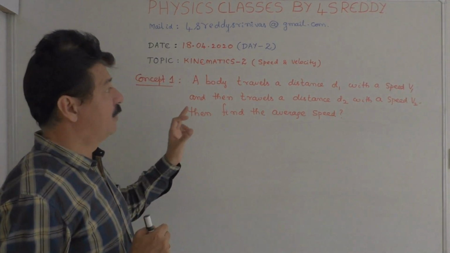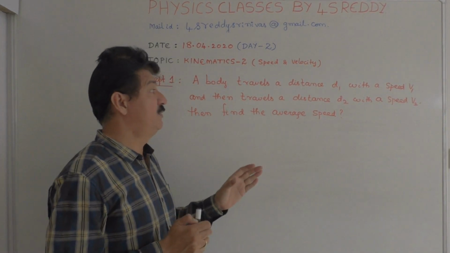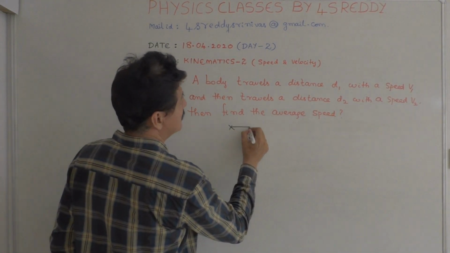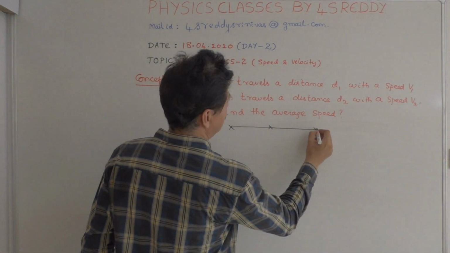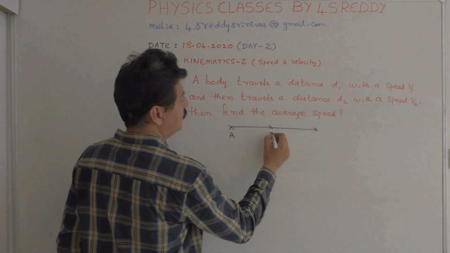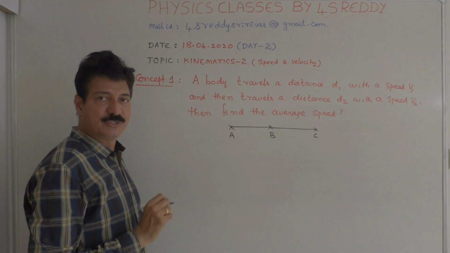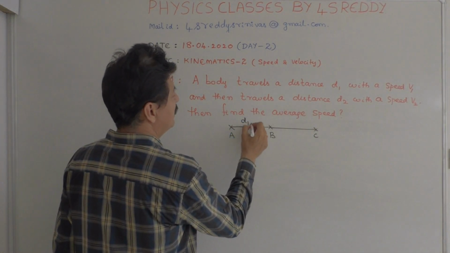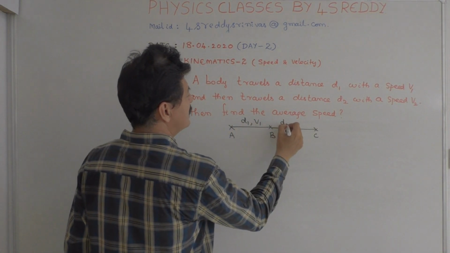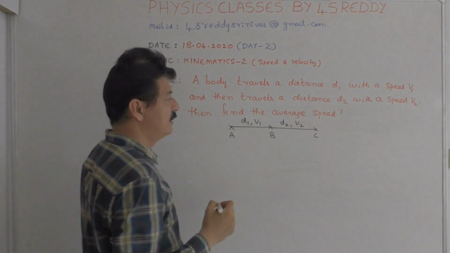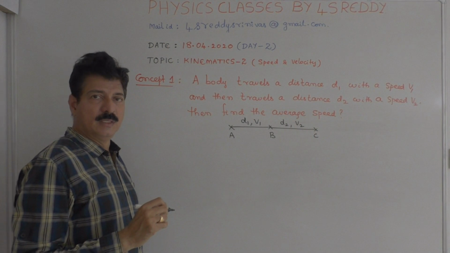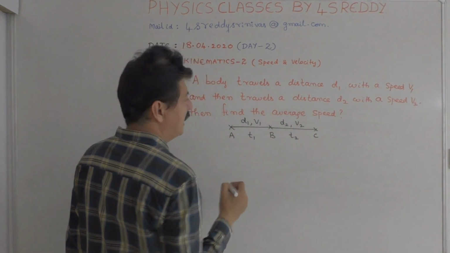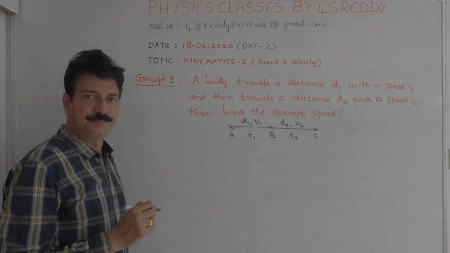So here, a body travels a distance D1 with the speed V1 and then a distance D2 with the speed V2, means, let us say, suppose it travels from A to B and then from B to C. Suppose this covers a distance D1 with the speed V1. This covers a distance D2 with the speed V2. Then, let T1 and T2 be the time of travel in both the cases.